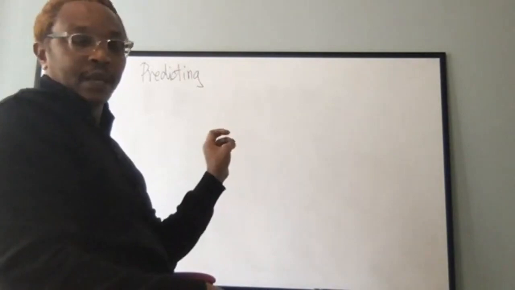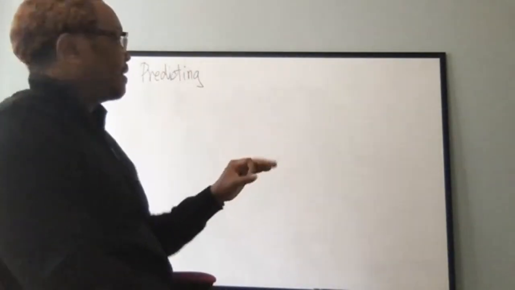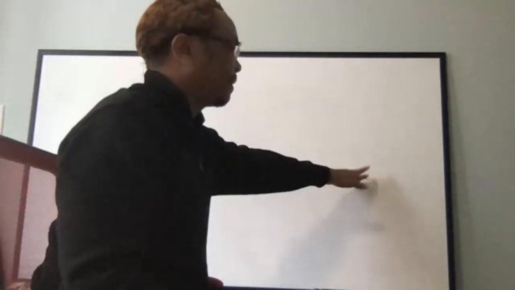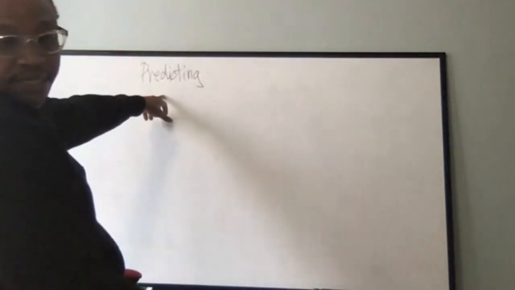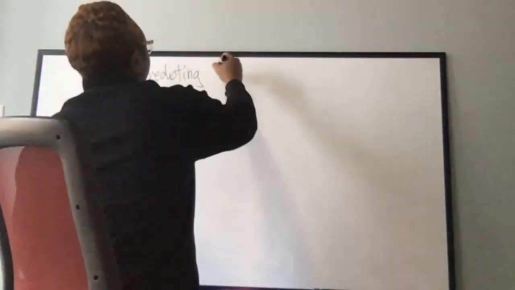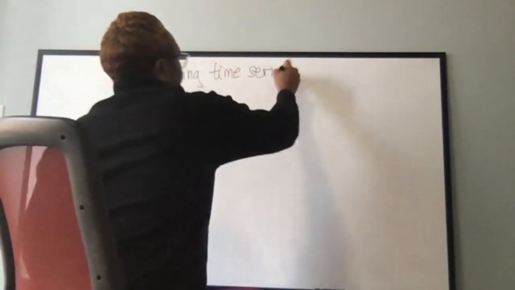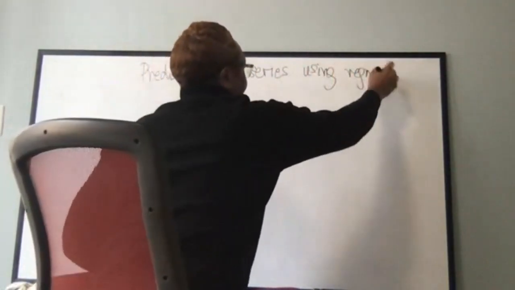We talked about predicting with EWMA, and that's when you use the last value over here and the last value over here, and then those lambda and 1 minus lambda. But you can also predict time series using regression.